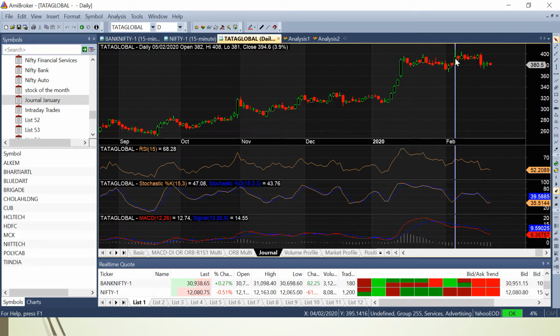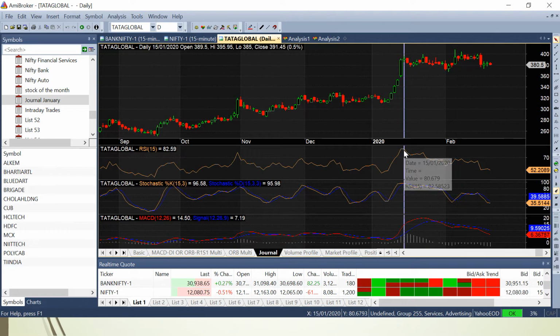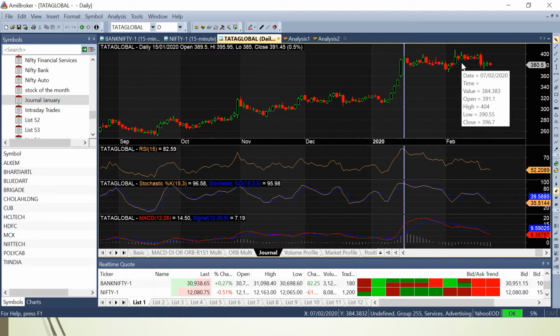So we are talking about these three peaks. What you have to observe is how RSI is behaving while these successive higher peaks are being made by the price. At the first peak on 15th January, the RSI value was 82.59.